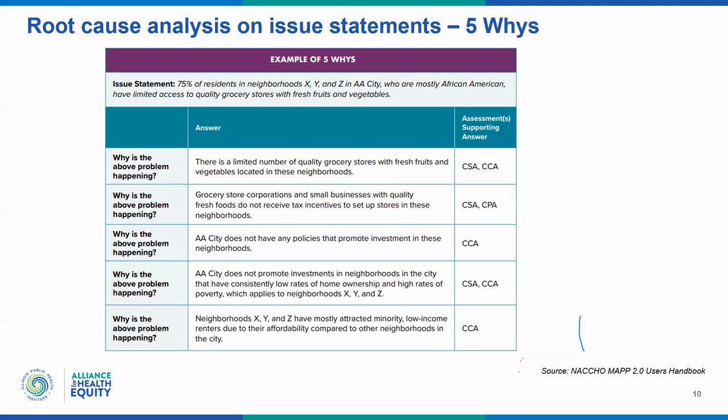And then you could ask the question, if we were to fix that problem, if we were to make sure that there were plenty of quality grocery stores with fresh fruits and vegetables located in these neighborhoods, would that issue be solved? If the answer is no, you ask yourself why. And then you say grocery store corporations and small businesses with quality fresh foods do not receive tax incentives to set up stores in these neighborhoods.